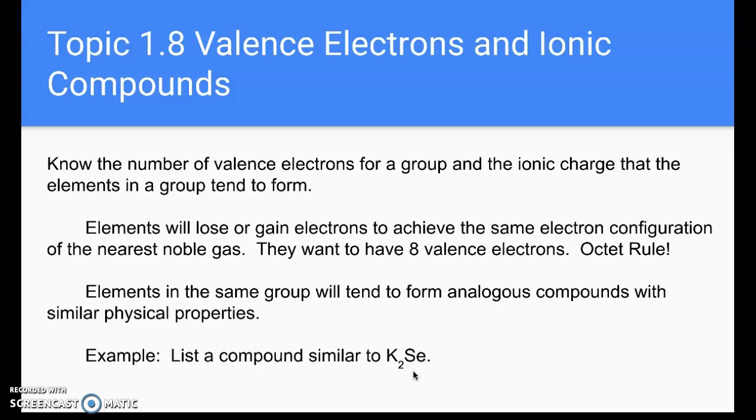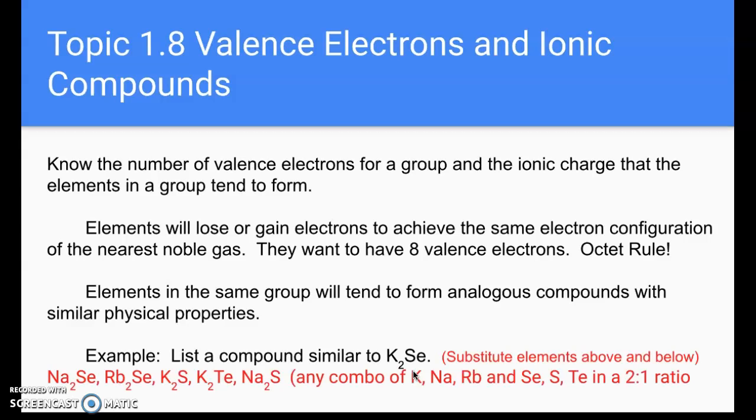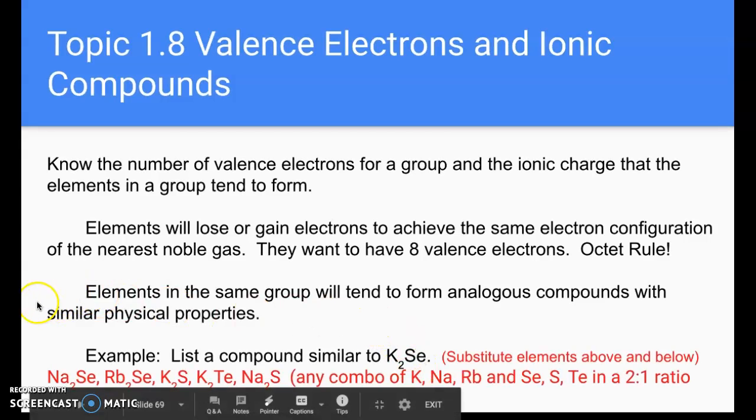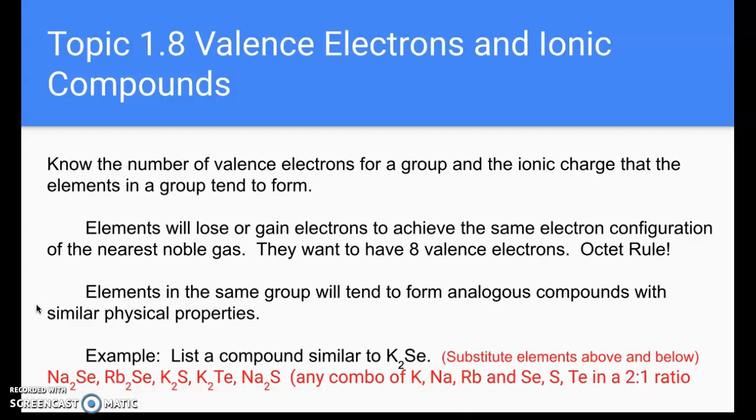That would be another analogous compound. And you would expect those compounds to have similar properties. So here's a list of analogous compounds. So I listed several of them, but really it's any combination of those positive ions, K, Na, and Rb, with Se, S, and Te in a 2-to-1 ratio.